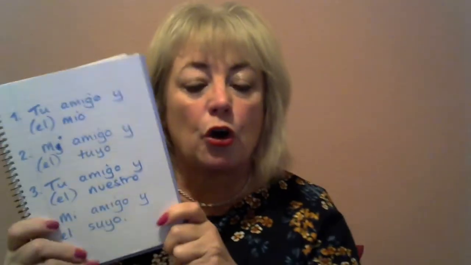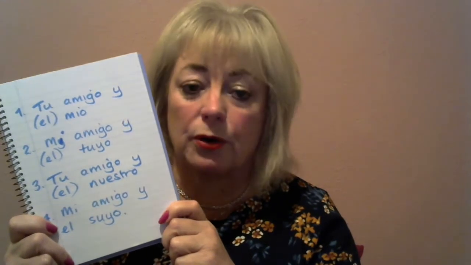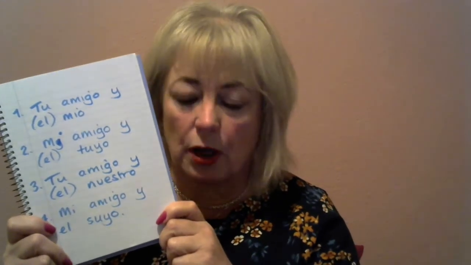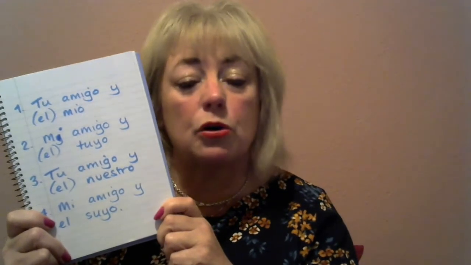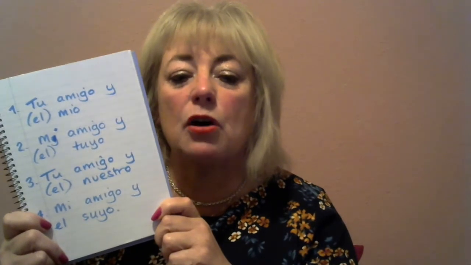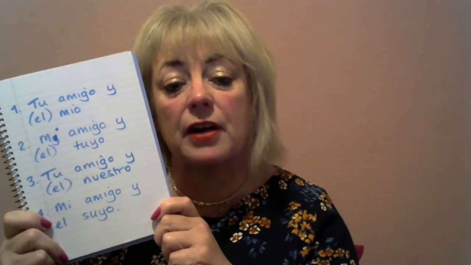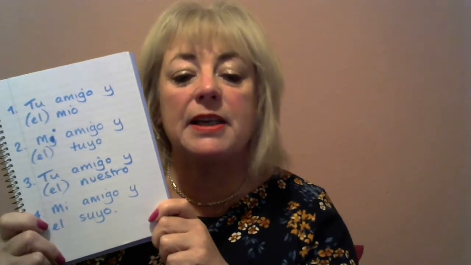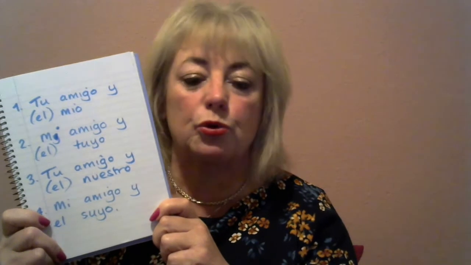So, number 1, tu amigo y el mío. Now the el is optional. So you can say tu amigo y el mío or tu amigo y mío. Mi amigo y el tuyo or just tuyo. That's my friend and yours. Mi amigo y tuyo or mi amigo y el tuyo.